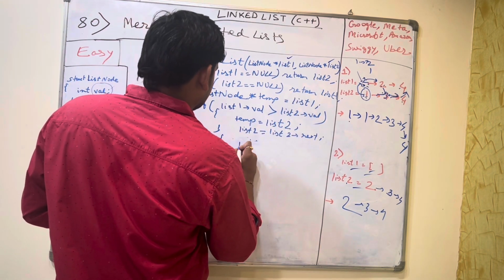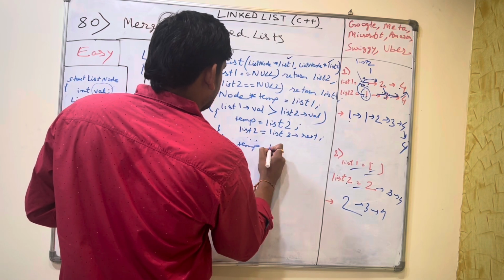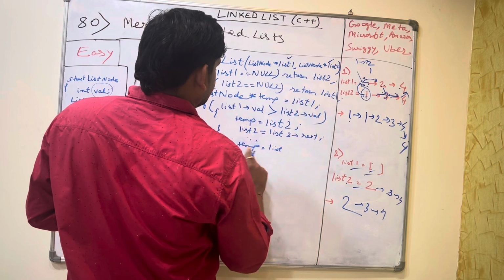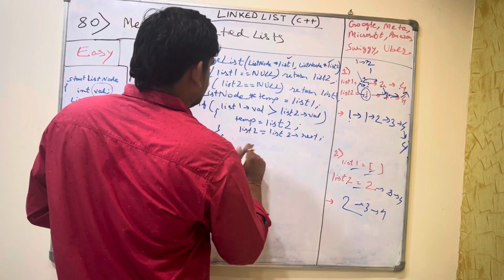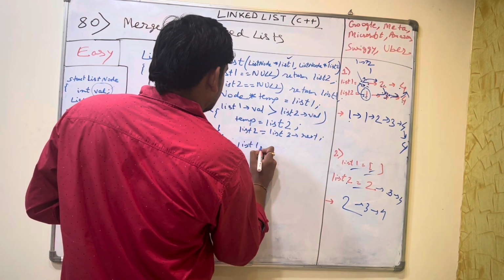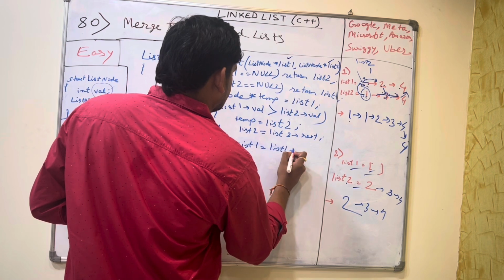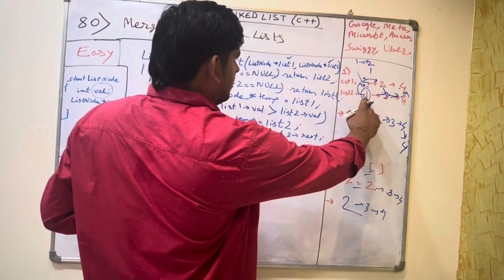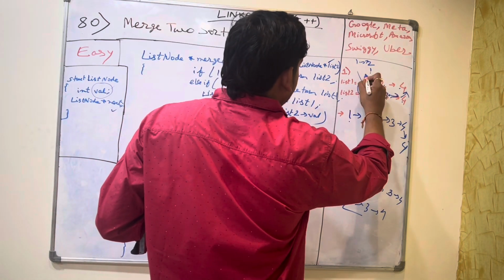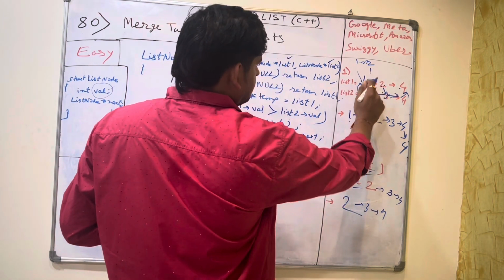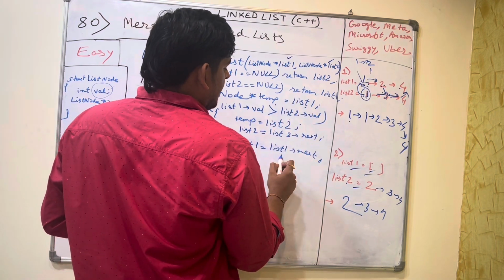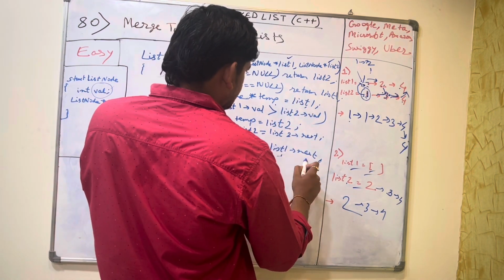The other condition, temp would be equal to list 1, we have already given this list 1, so we don't need to write it. We can just move list 1 to list 1 next, because if this was bigger by default, or if this is same also, we take that. Temp is list 1 only, and list 1 goes to list 1 next.